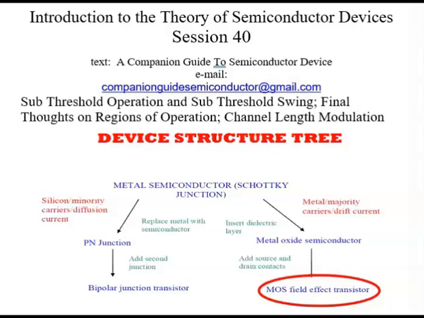We'll be defining what these things are, and then we'll be looking at some final thoughts on the regions of operation. Remember, the regions of operation of the MOS cap are accumulation, depletion, weak inversion, and strong inversion. For the MOSFET, the regions of operation are generally weak inversion and strong inversion.